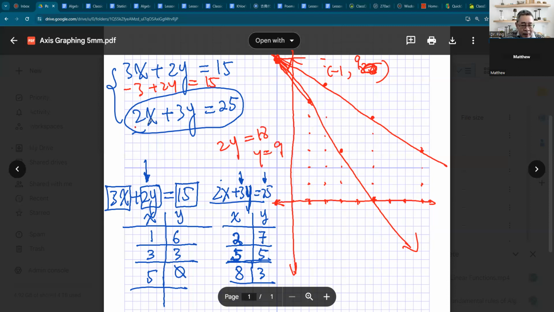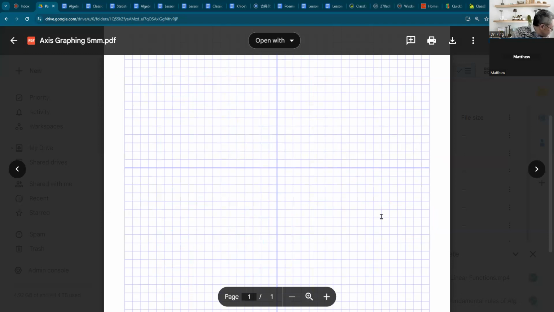Here, if x is negative 1, so negative 2, 3 times 9 is 27, negative 2 plus 27, 25. So actually the answer is negative 1, 9. So we're pretty close. Good. Yep. Okay, let's just do one more.